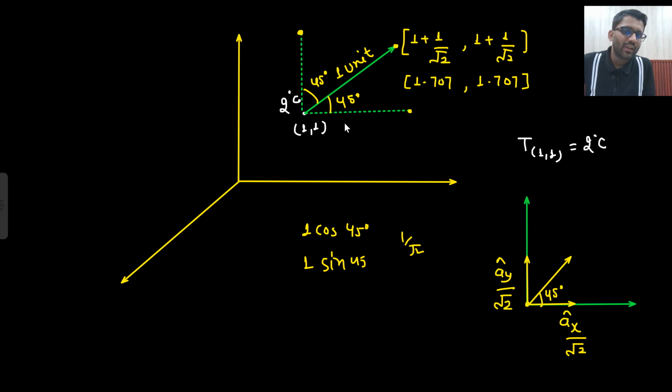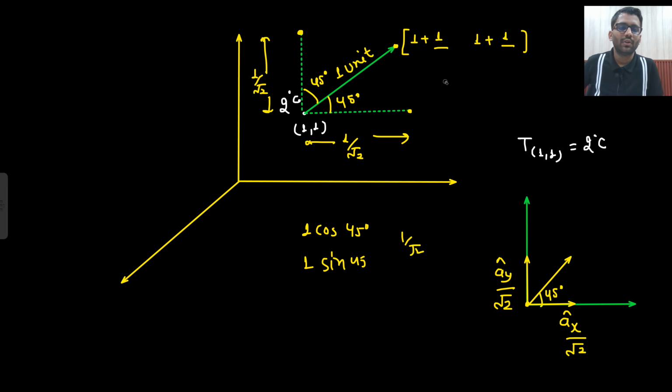So your new coordinate would be 1 plus 1 by root 2 and 1 plus 1 by root 2. So directly I am writing it is 1.707, and this is also 1.707.